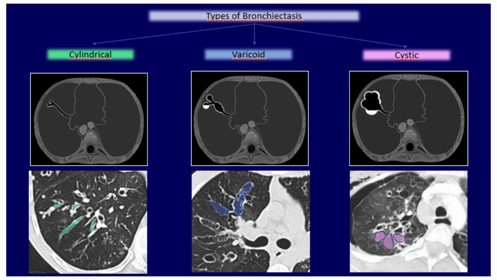And cystic or saccular bronchiectasis, where we see ballooning of bronchi into linear arrays of cysts. And the other type, which is not mentioned here, is traction bronchiectasis, where the irregular bronchial dilatation is due to traction by adjacent fibrosis.